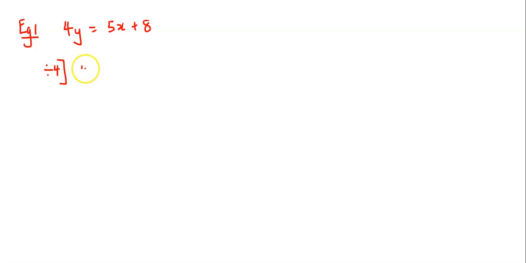So we'll have y is equal to 5 over 4x plus 8 over 4, and then this will give us y is equal to 5 over 4x plus 2. Now this equation is of the form y equals mx plus c, where m, the gradient, is 5 over 4, and c, the y-intercept, is 2.